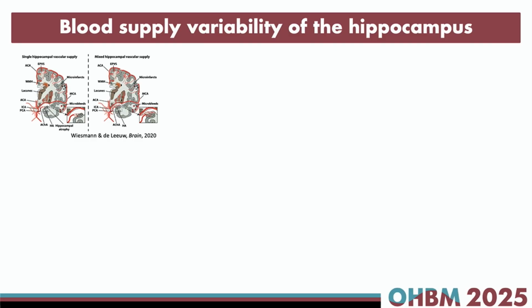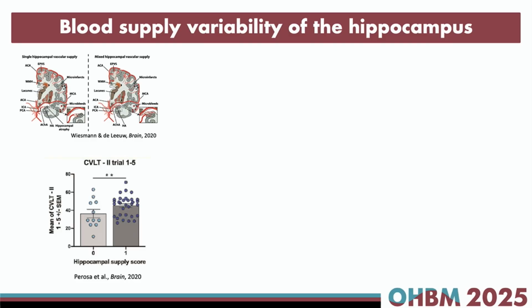Different patterns have been described for many years using postmortem data, but this was first described using MR angiography by my colleague Valentina Perosa. She looked in older adults, at individuals that had either a dual supply versus a single supply, and she showed that people with a dual supply have a larger anterior head of the hippocampus, and they do better on a California verbal learning test.